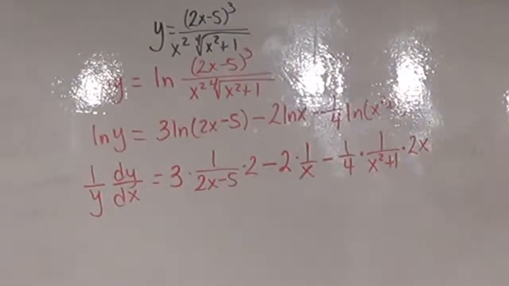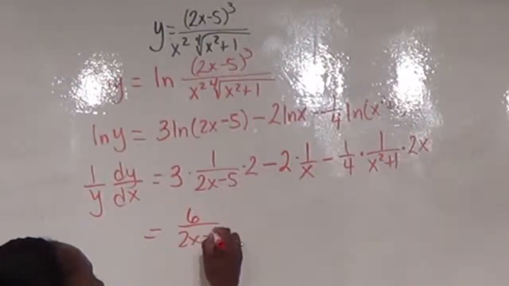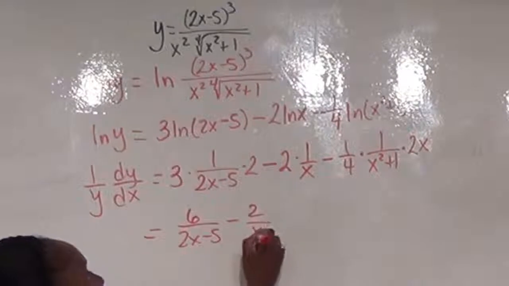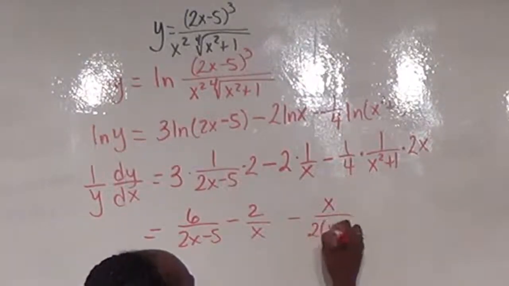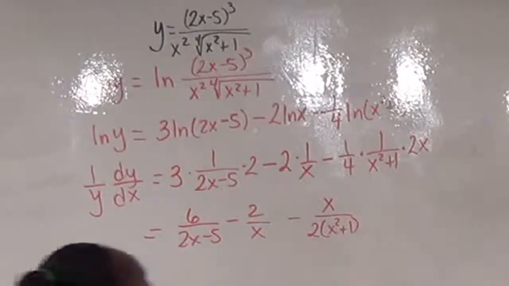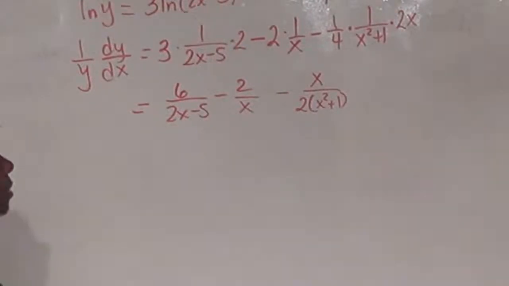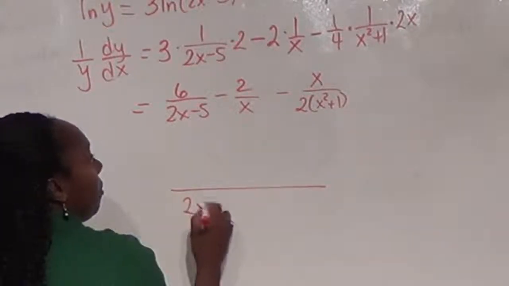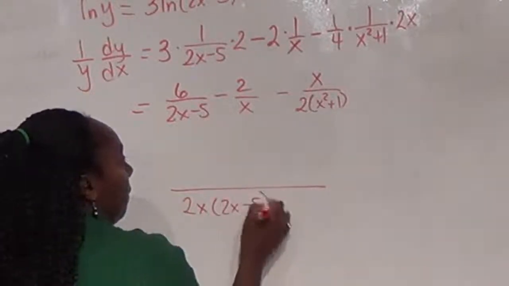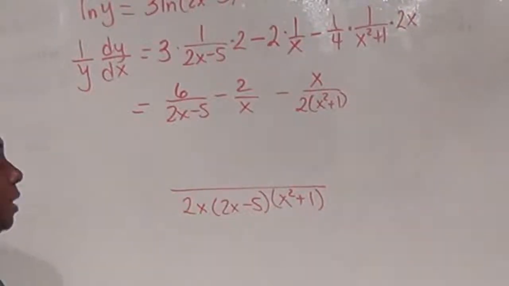Combining things on the right-hand side, we'll get a 6 over 2x minus 5 minus a 2 over x minus x over 2x squared plus 1. And again, we can combine those. So our LCD for this is going to be 2x minus 5, x squared plus 1, multiplied by the missing pieces.